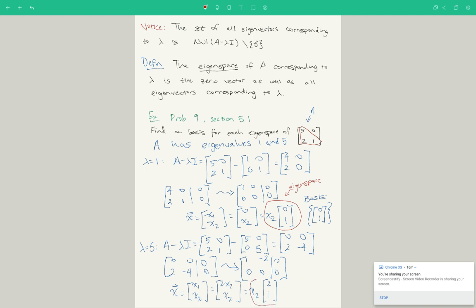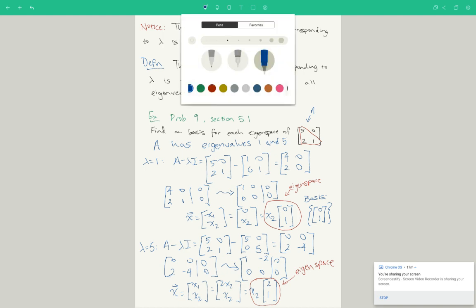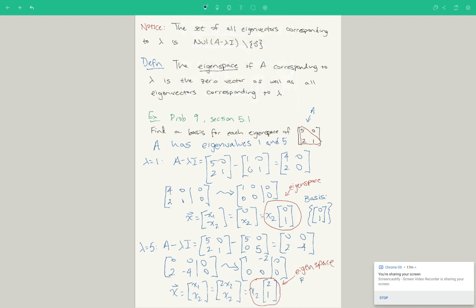So this whole infinite set of vectors is going to be our eigenspace. And if we want to find the basis for this, it's exactly the same way as we always find bases for null spaces. Our basis is just this vector 2, 1. So we see that our matrix A has 2 eigenspaces, one corresponding to lambda equals 1 and one corresponding to lambda equals 5.